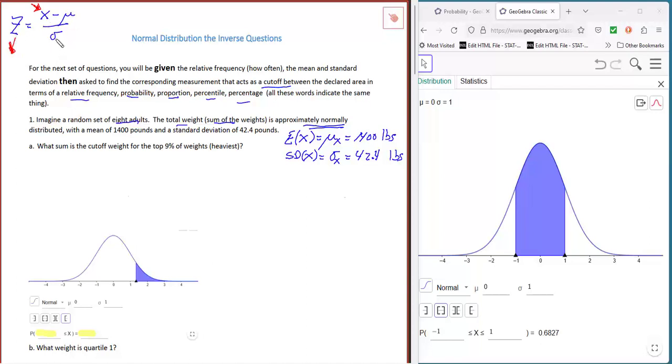I'm going to do a little bit of algebra. I'll multiply both sides by sigma, and when I do that, I get this equation. Then I'm going to add mu to both sides, and when I do that, I get the following.